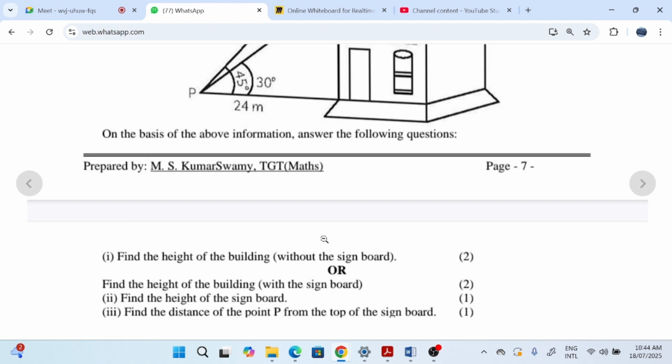Hassan, what's your answer for the first one? Ma'am, is it 8 root 3? 13.85. I think, sweetheart, you have made a mistake somewhere. No, no, it's not wrong. It's correct only, 8 root 3.